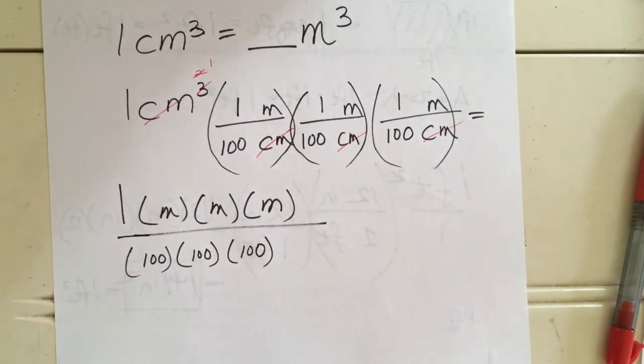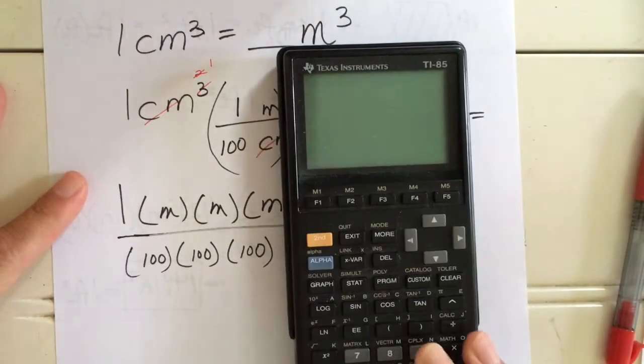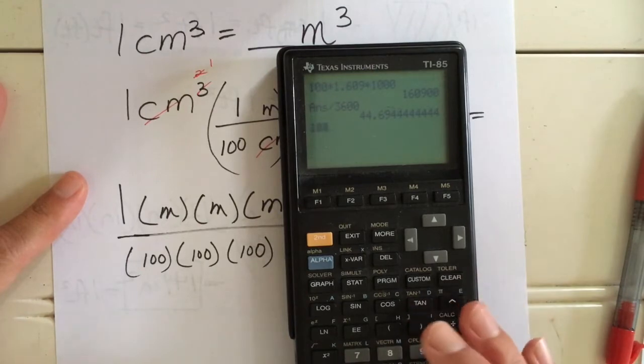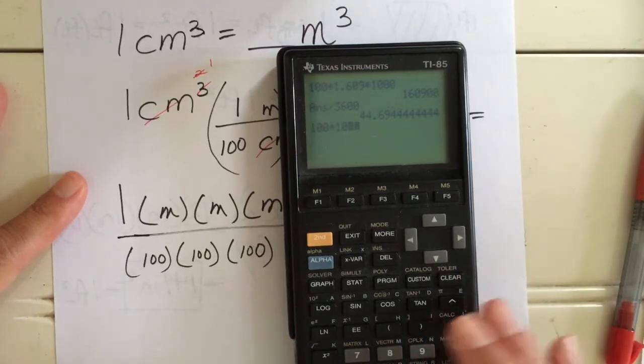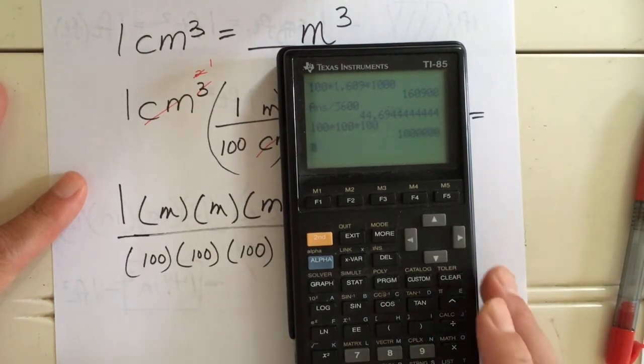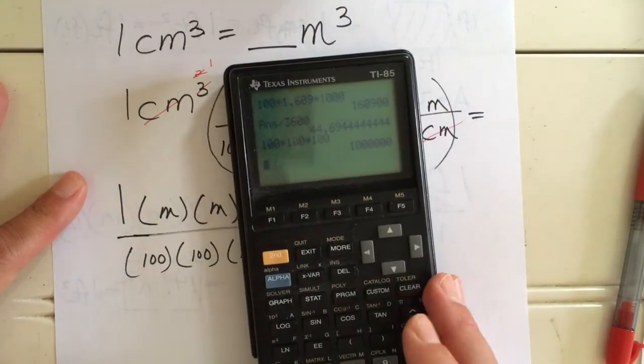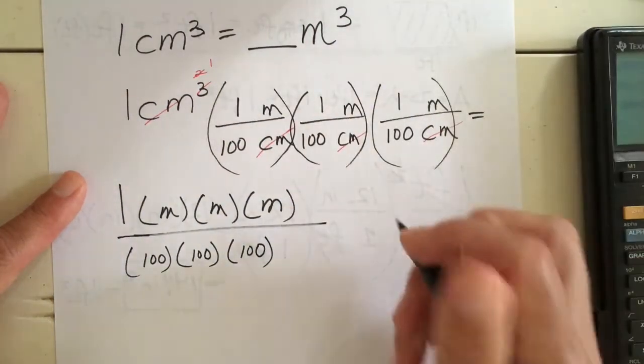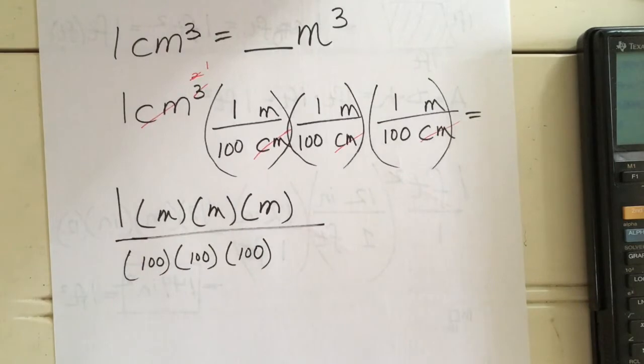All right, so I think that's going to be 1/1,000,000th. 100 times 100 times 100, I think that's right. Get the calculator out just to confirm. Yeah, that's going to be 6 zeros, so 1,000,000. So 1/1,000,000th meters cubed.